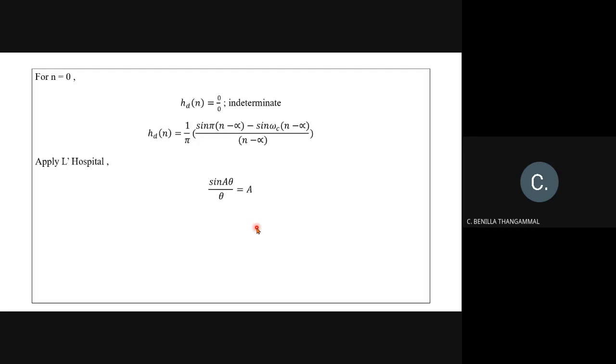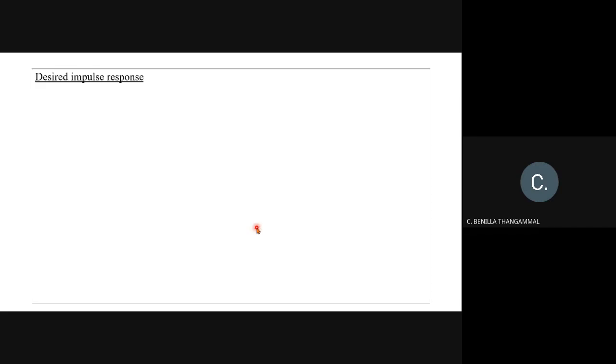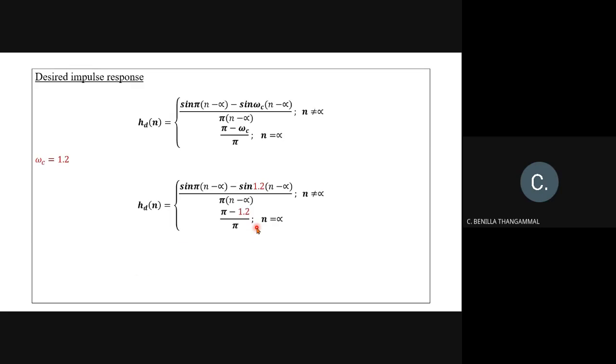Apply your L'Hospital rule, so sine A theta divided by theta is equal to A. So Hd of n is given by (pi minus omega c) divided by pi for n equal to alpha. The desired impulse response is obtained by substituting omega c value as 1 by 1.2.